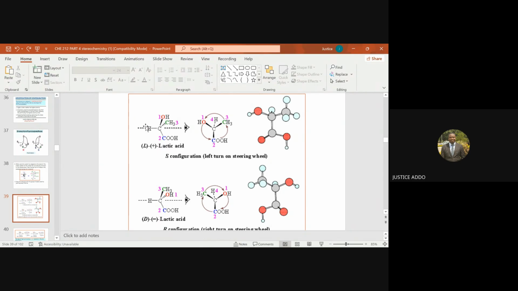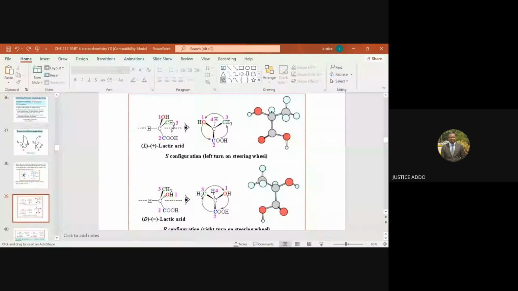And then if you look at this, what's the configuration? You see that initially the CH3, which is the number 3, was on the broken line, and the hydrogen, which is the least group, was on a solid line.